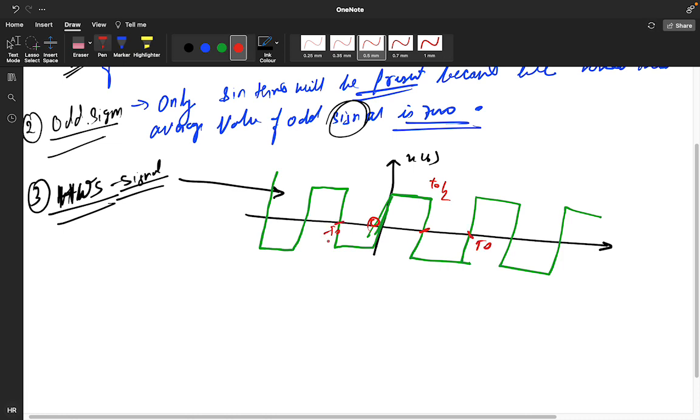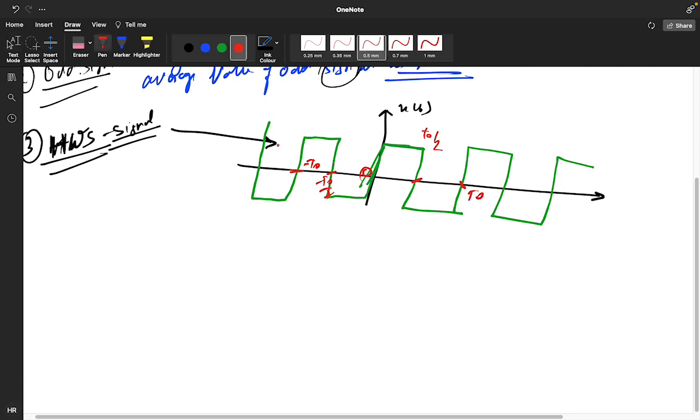It's minus t naught by 2, and this particular point is minus t naught. So what is the meaning of half wave symmetric? Write it down. X of t is minus x of t plus t naught by 2. It means whatever the time period you have, you divide and you shift the signal.